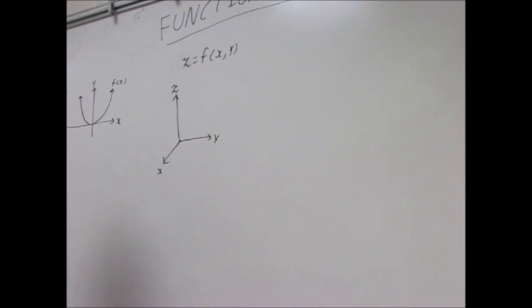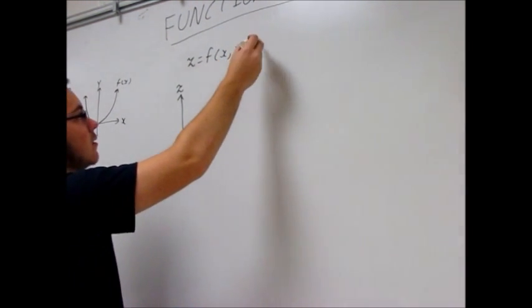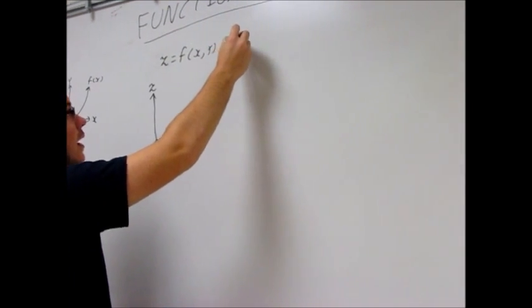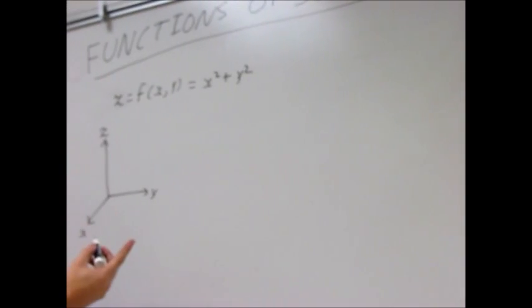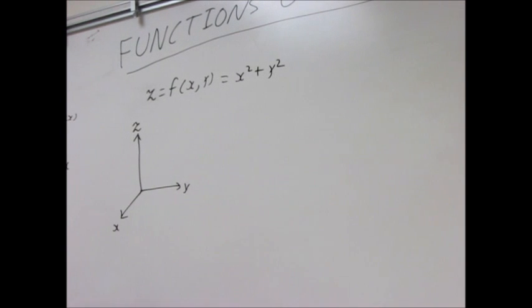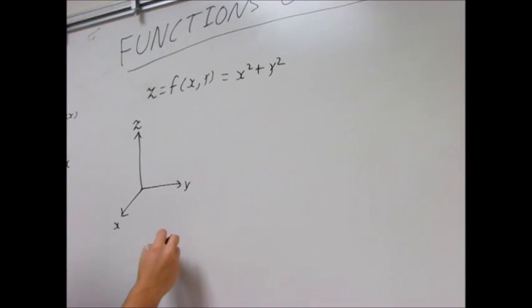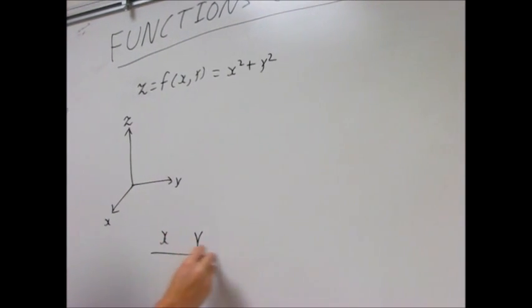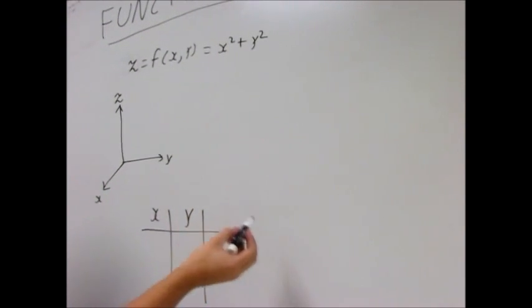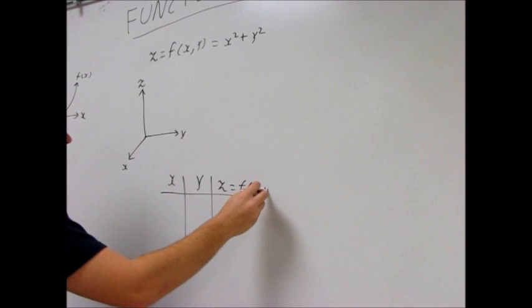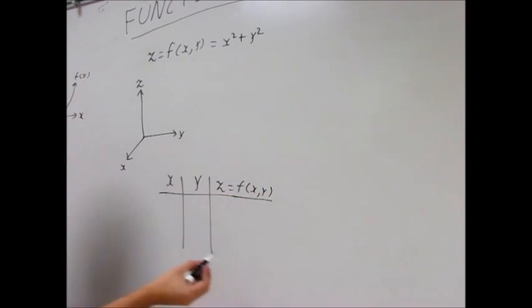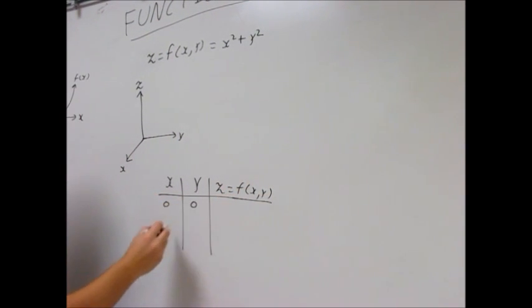So for an example, let's say it's the simple case of x squared plus y squared. What will this look like? Now you have x, y, and your new z equals f of x comma y. Let's do some points.